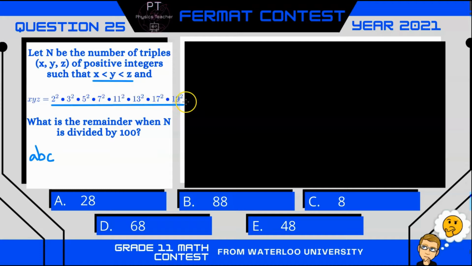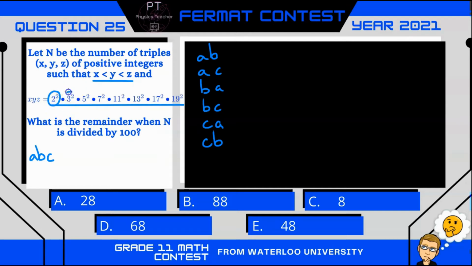So first, if we look at 2 squares, what that means is there are 2 factors of 2. And therefore, we have a certain number of possibilities. A and B could give us those 2 factors of 2, A and C, B and A, B and C, C and A, or C and B. So that's a total of 6 different possibilities of where we could get these 2 factors of 2.